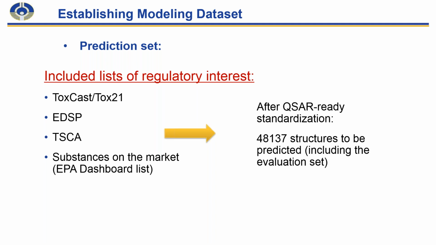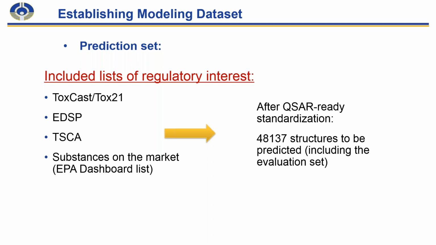So, much of the TSCA inventory is on this list. The list of prioritized substances for the endocrine disruptor screening program, various lists that we derive from the EPA CompTox chemicals dashboard as far as substances that are on the market and may have significant potential for human exposure. The ToxCast and Tox21 chemical libraries, which also cover a lot of these objectives.